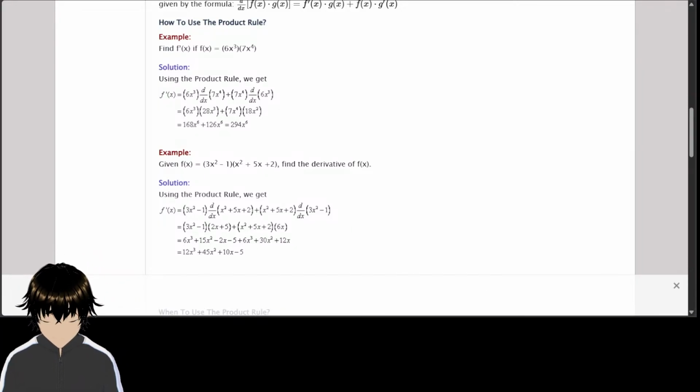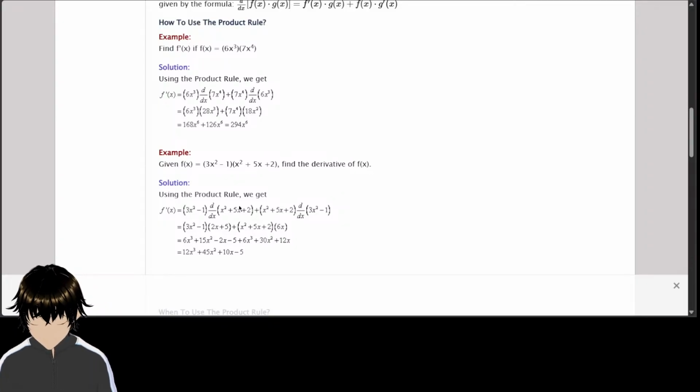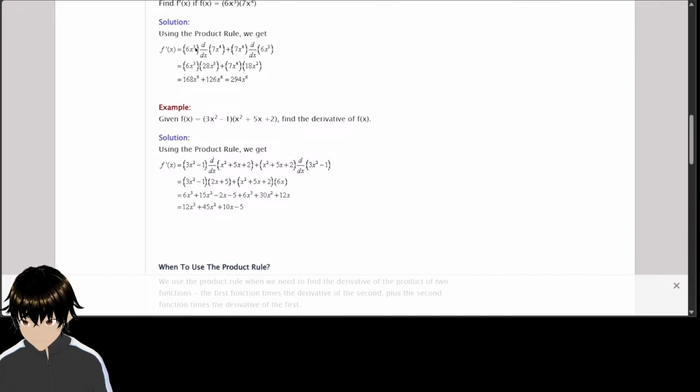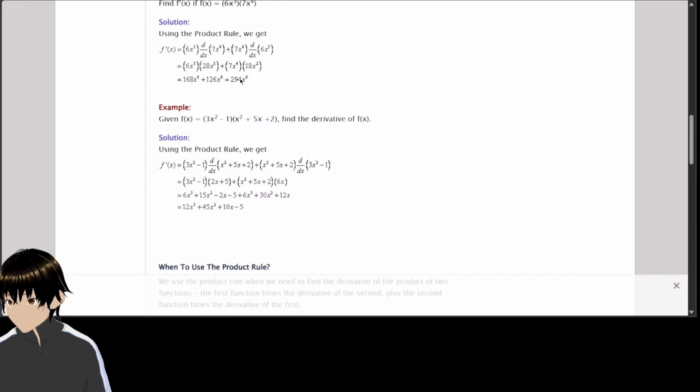It's actually so confusing. Using product rule, we get 6x cubed and, okay.